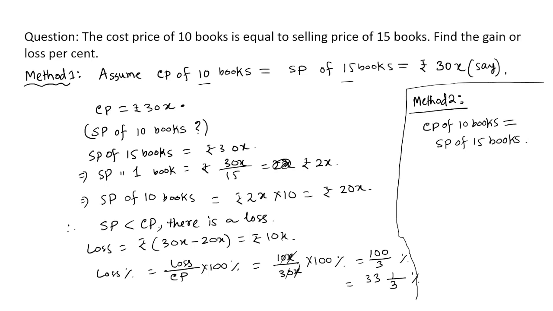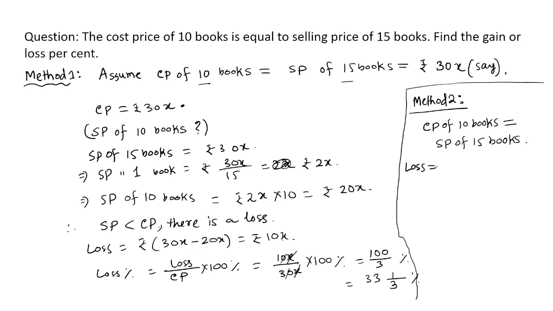Therefore after selling 10 books, the remaining selling price of 5 books is still not recovered. That means that amount is the loss amount. If he doesn't sell the 5 extra books, that much amount he has to suffer as loss. If you understand this, we can easily get the amount of loss.